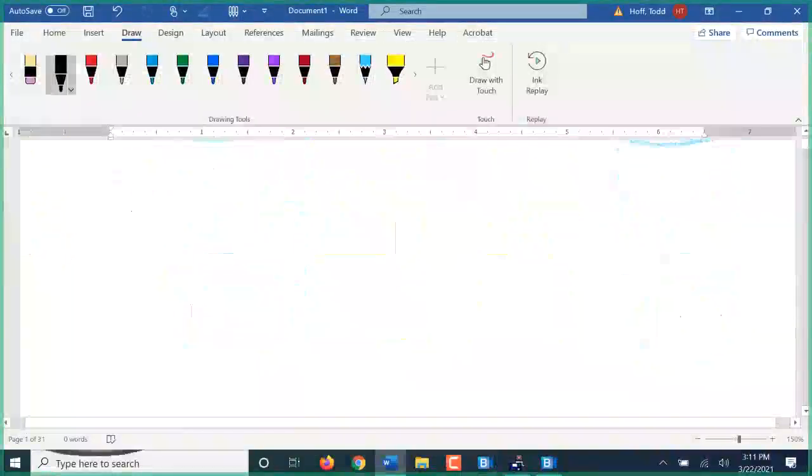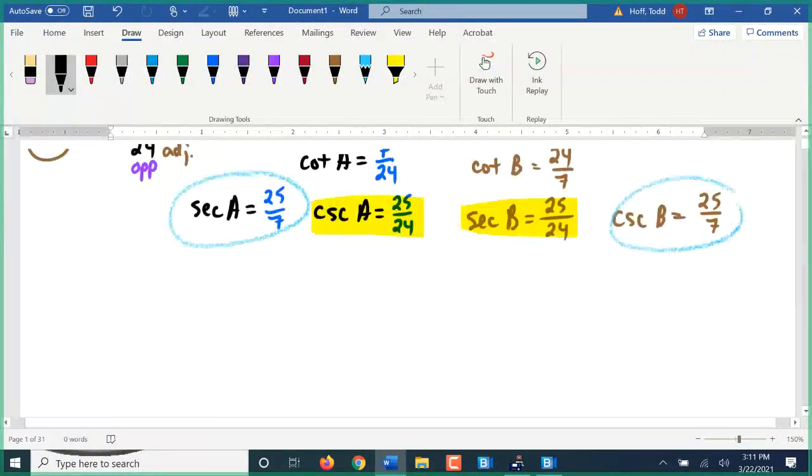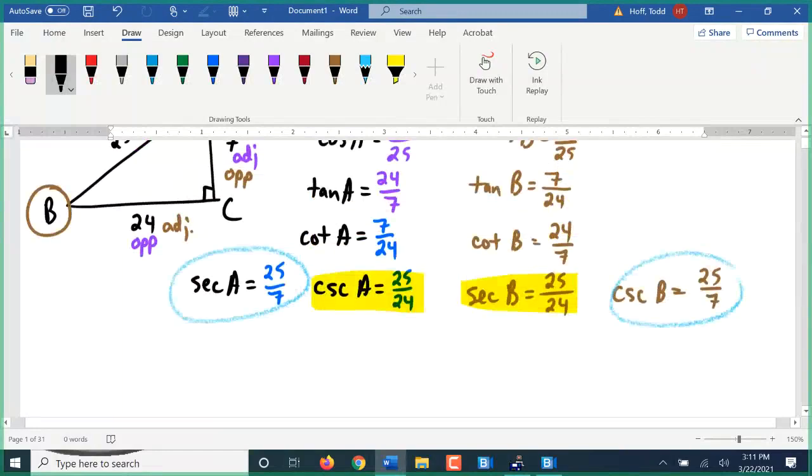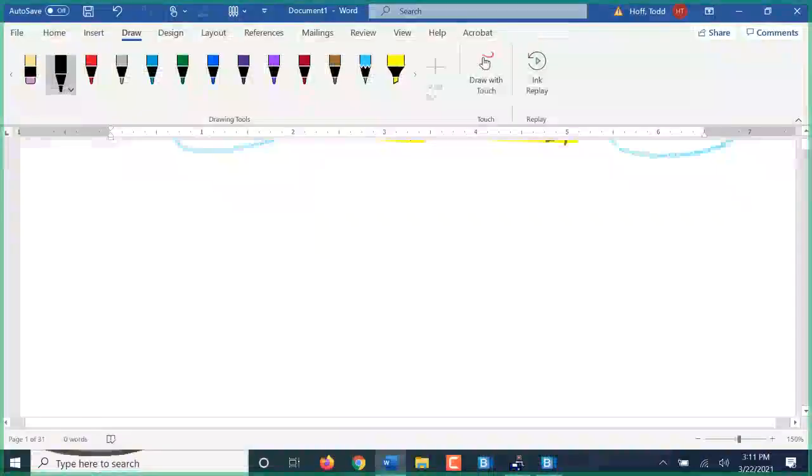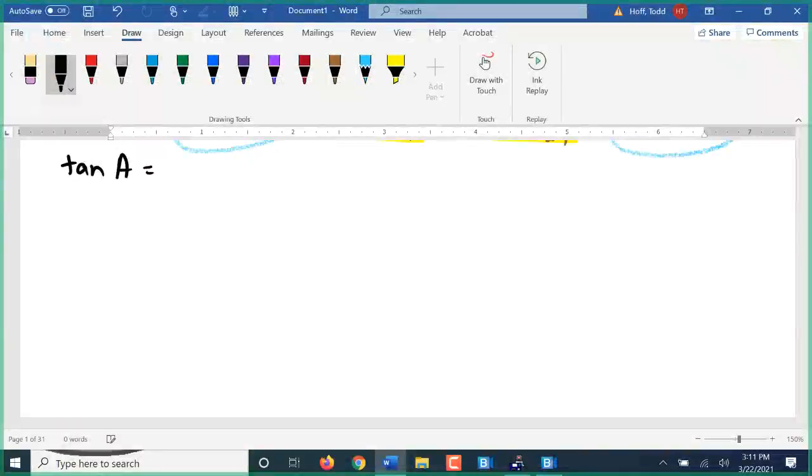We know that we can find the value of many of our trig functions from other trig functions. One, tangent of an angle is the opposite over the adjacent sides.